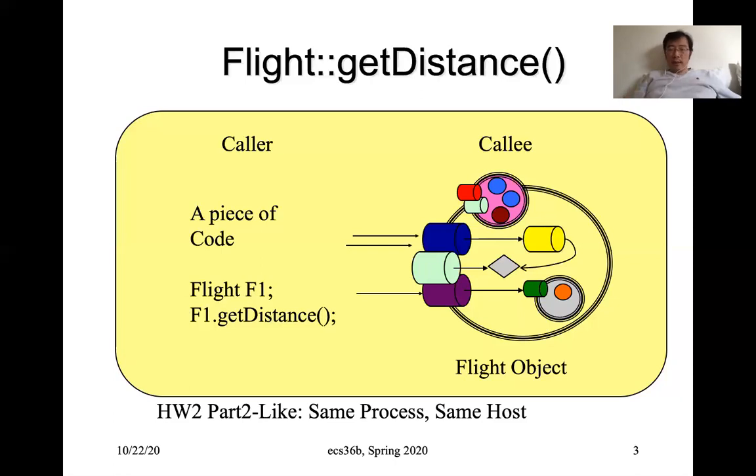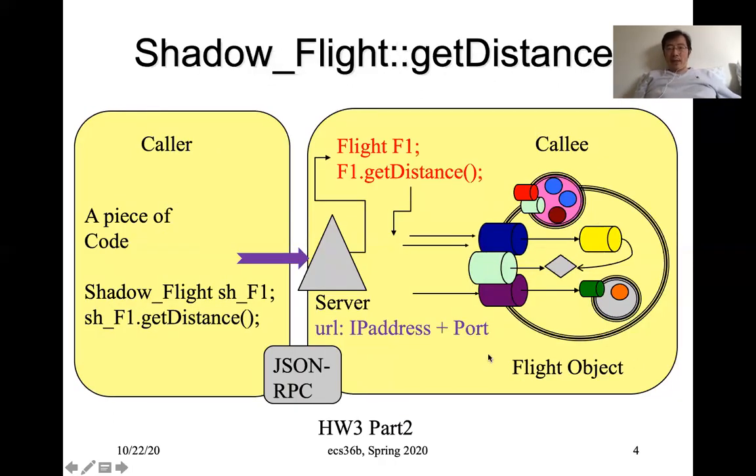For homework 3, we're actually looking at this picture. We split the real object into a separate location or separate process. So now you see I have 2 programs: one program on the server side, and this is the client side.